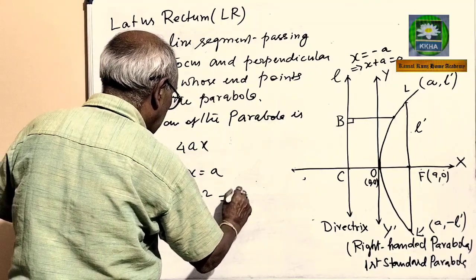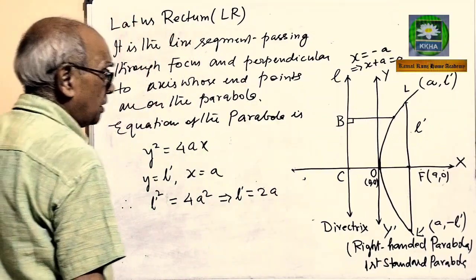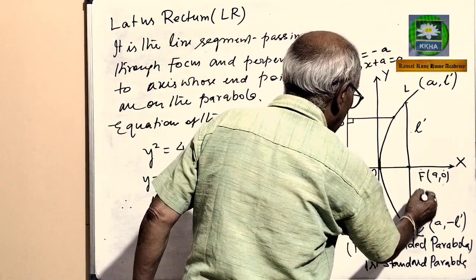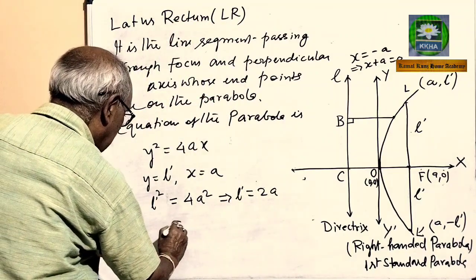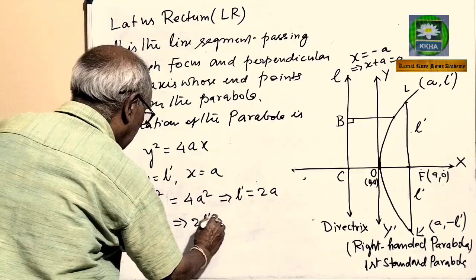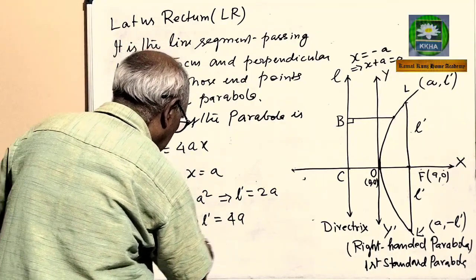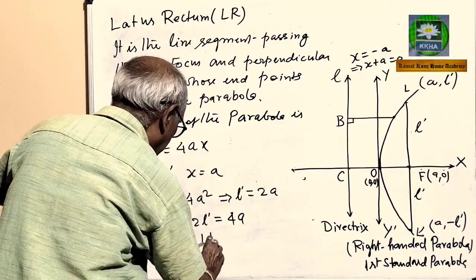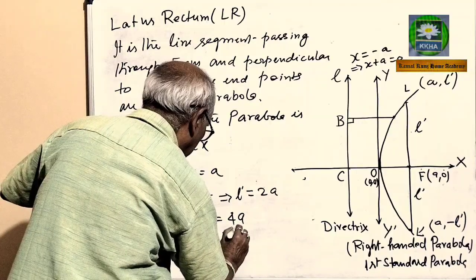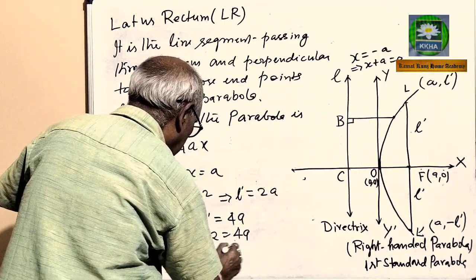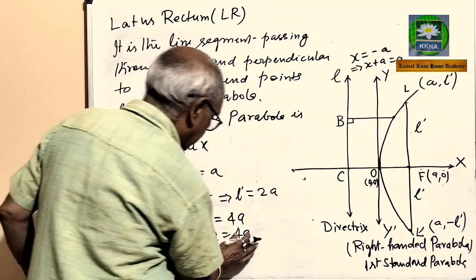This implies that L dash will be equal to twice a. So this implies that twice L dash will be equal to 4a. So this implies that the latus rectum equals 4a. So this is the latus rectum.